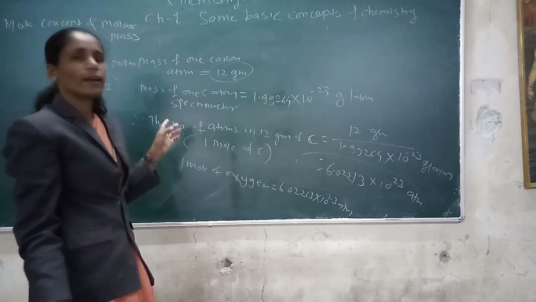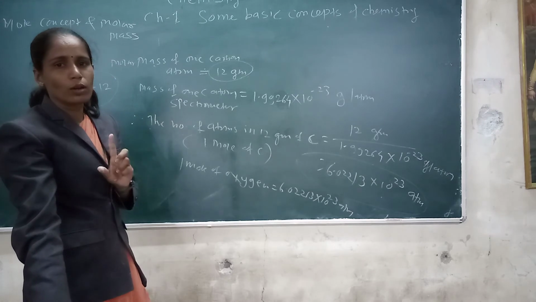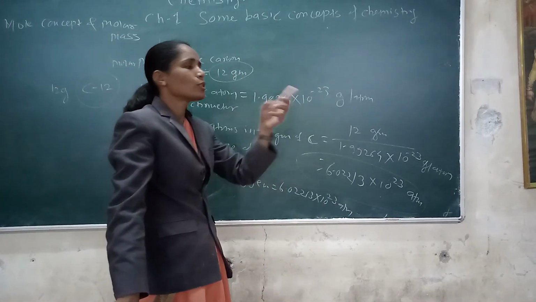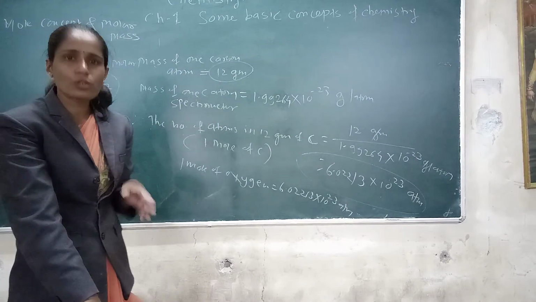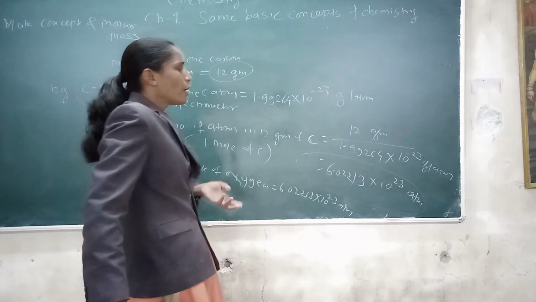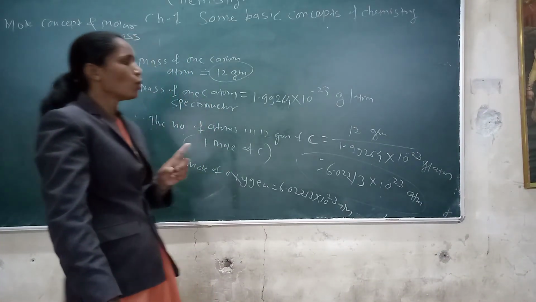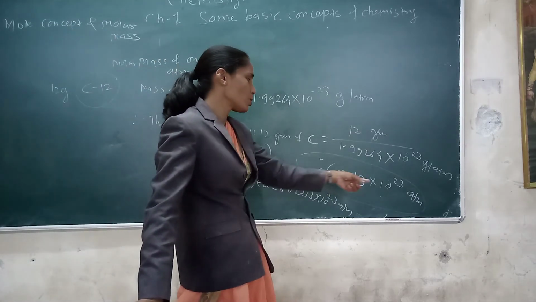Means every element of 1 mole contains the same number of atoms. Means 1 mole of carbon, oxygen, water, sodium chloride, every 1 mole of compound shows the same number of atoms, that is Avogadro's number.